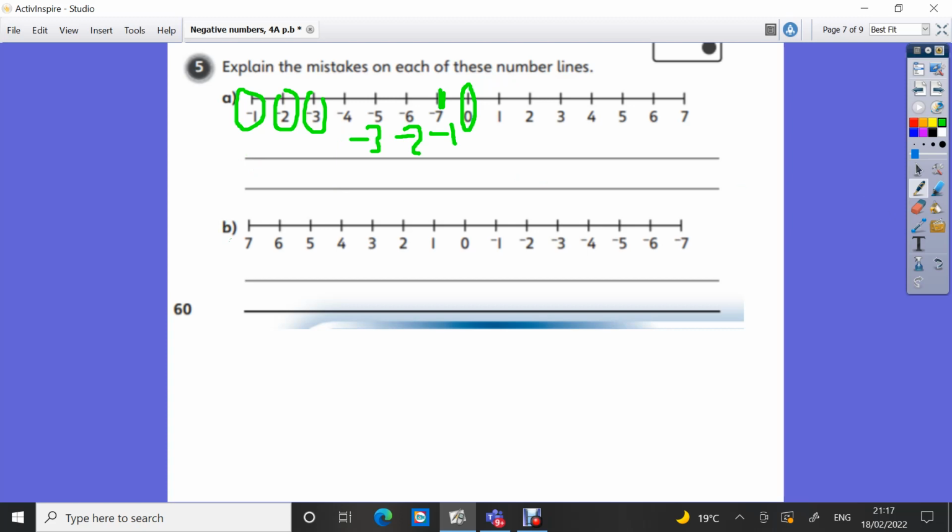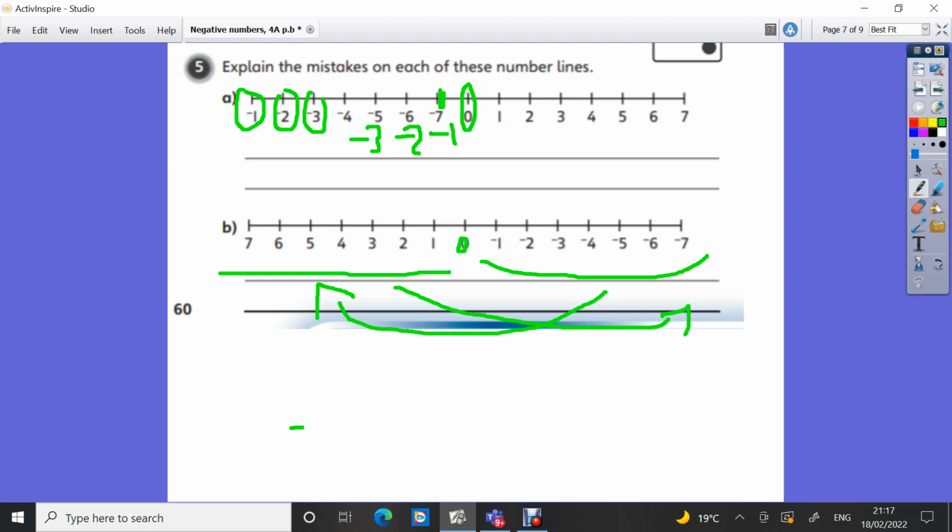Let's see the second question. This is 0 and then 1, 2, 3 and then negative. Here is the mistake. They have started writing the negative numbers on the right side. The negative numbers are always on the left side of 0 and the positive numbers are always on the right.